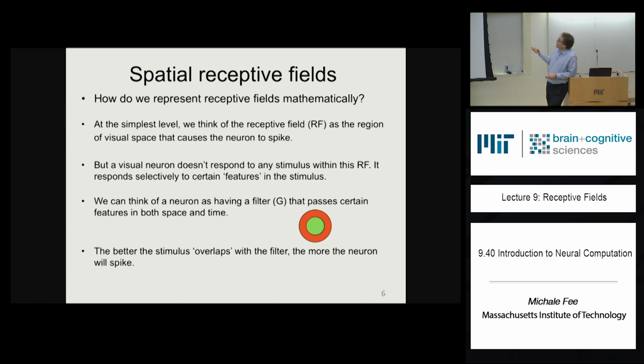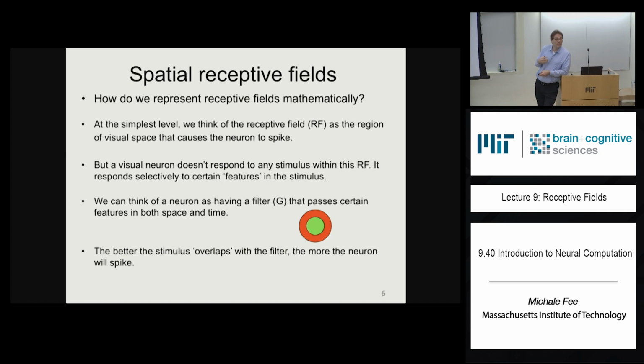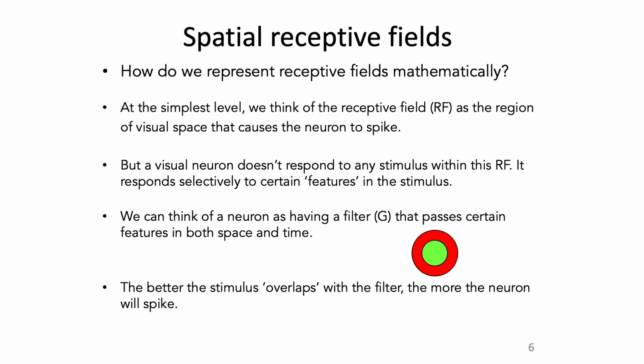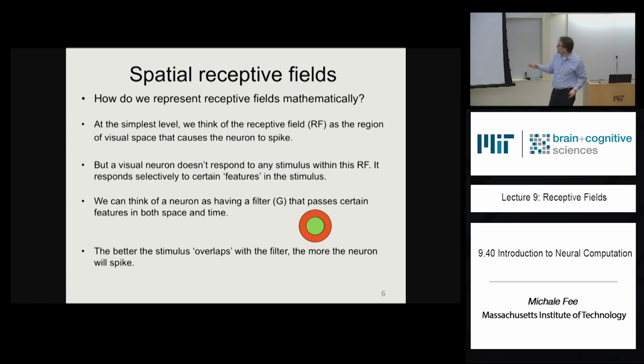There's actually a pattern of features within that area that will make a neuron spike, and other patterns will keep the neuron from spiking. And so we can think of a neuron as having some spatial filter that has positive parts, and I'll use green throughout my lecture today for positive parts of a receptive field, and negative parts.